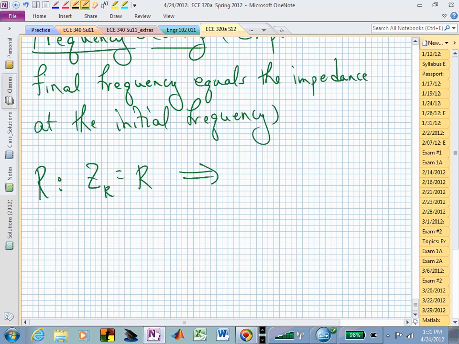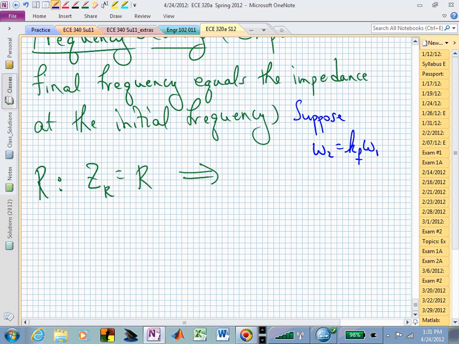So what do R2 and R1 look like, or how are they related? Let me just say that I'm going to use omega sub 2 equal to k sub f omega sub 1. That's how I want to scale my frequencies. I want the final frequency to be a multiple of the initial, and the factor relating those is k sub f.